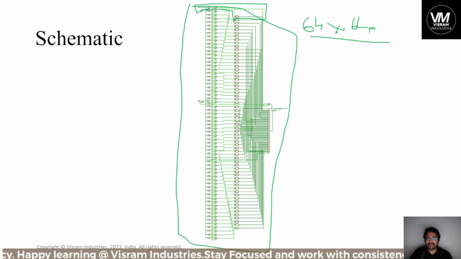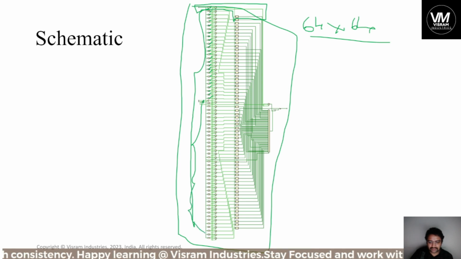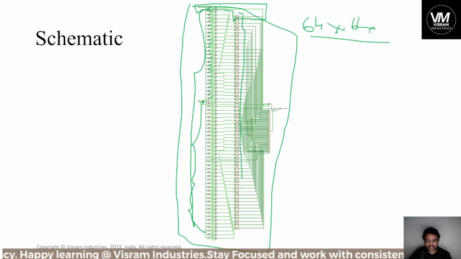You can see there are 64 registers: 1, 2, 3, 4, 5, and so on up to 26 and so on. So you can see 64. Here you can see the registers.